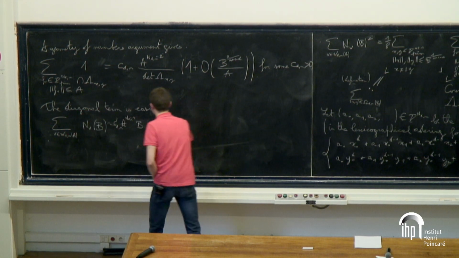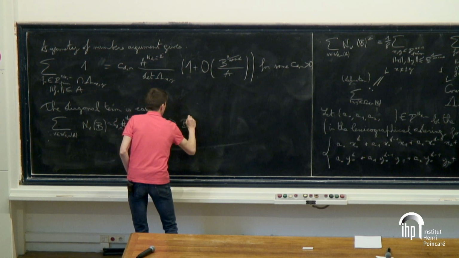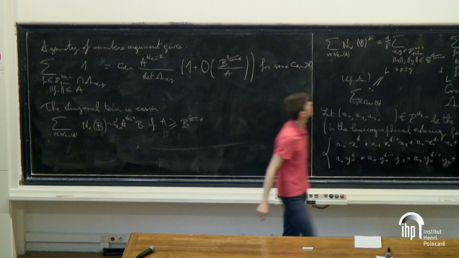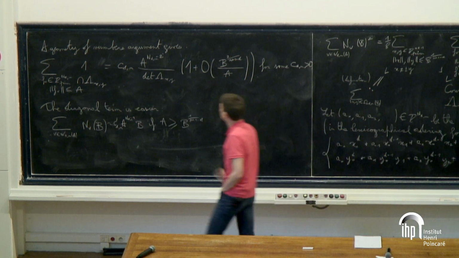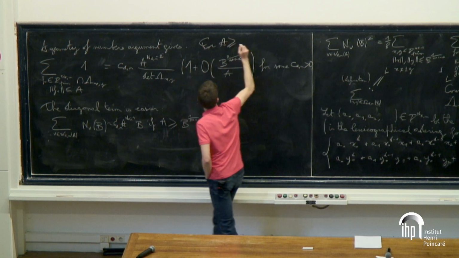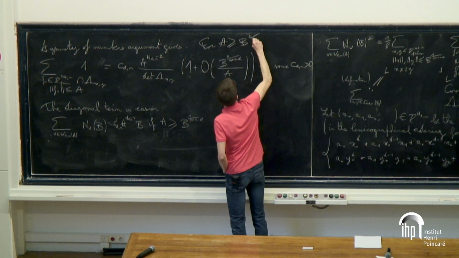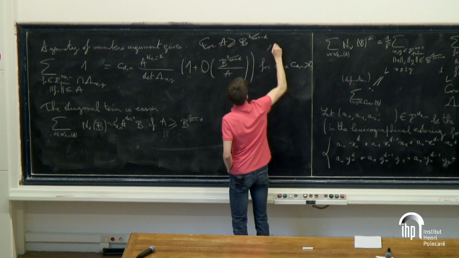And that's what happens if A is at least B to the 1 over n plus 1 minus d. And here, I didn't say it, but of course, I want A to be at least B to the 2 over n plus 1 minus d.